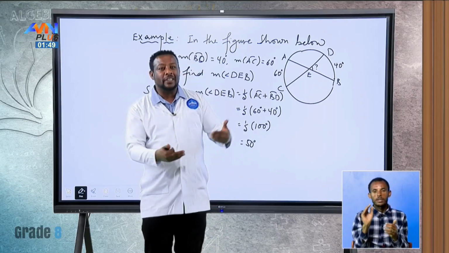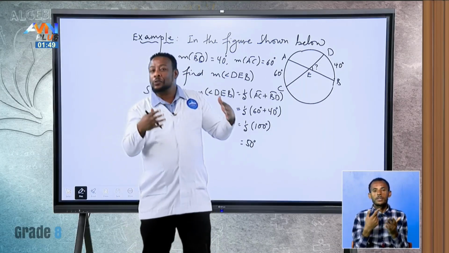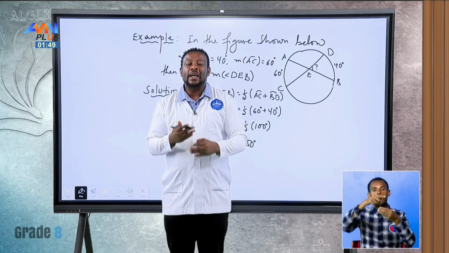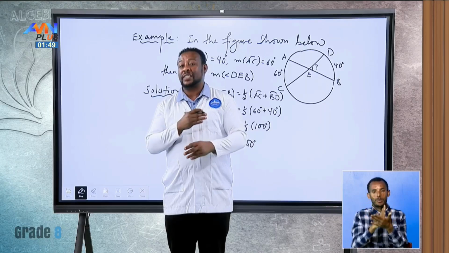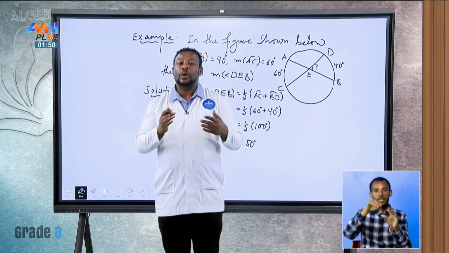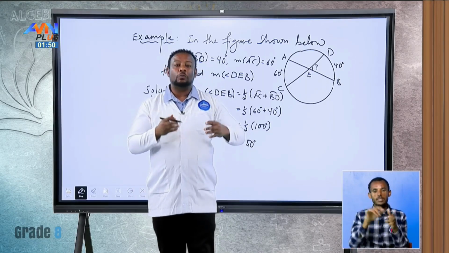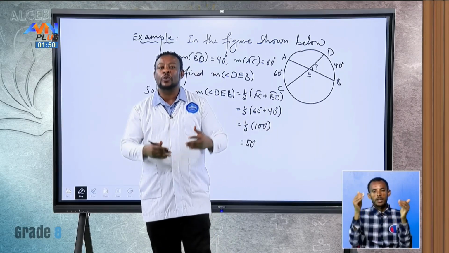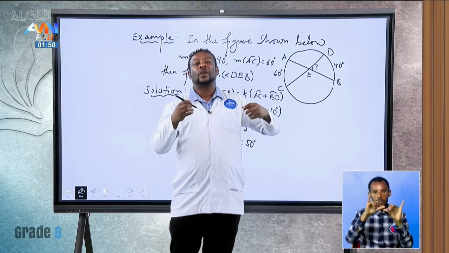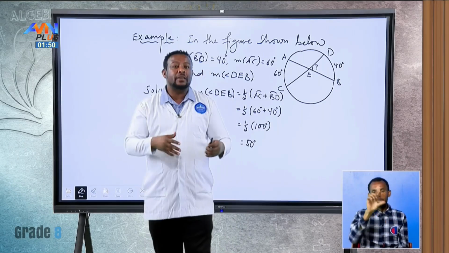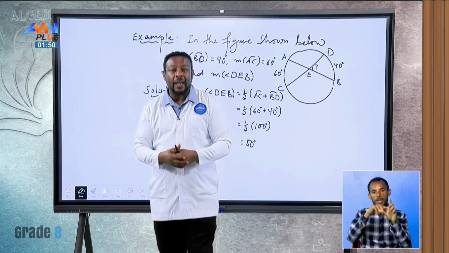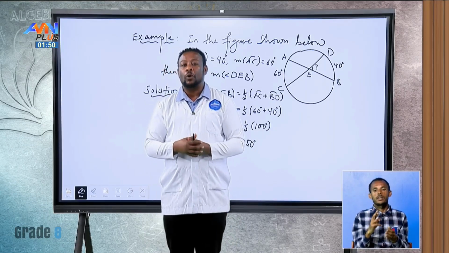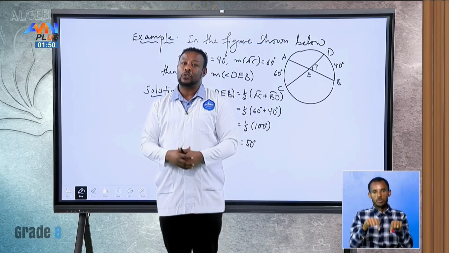And the third one is about angles between two intersecting chords inside a circle. We have seen that the angle formed by two intersecting chords inside a circle is equal to half of the measure of the arcs subtending the angle and the vertical angle, right? So these are the main points of discussion that we had today.